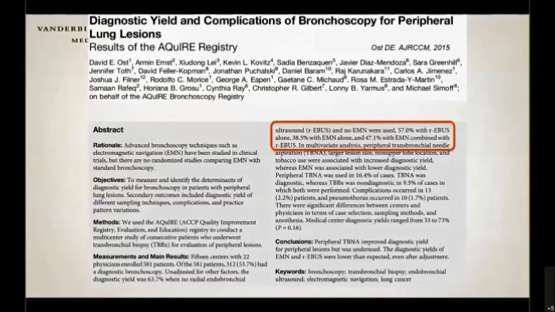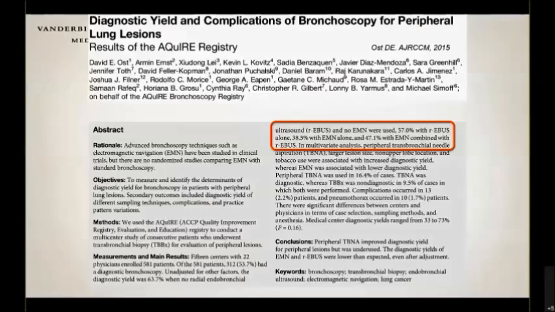If you define a diagnostic yield by, you biopsy, you find cancer there, or you biopsy and you don't find cancer, but you get negative follow-up, that's very different than the diagnostic yield which is, do you actually have material on the biopsy that could explain the presence of a nodule there? So you have to be very careful when you compare studies that you're not comparing apples to oranges, and be careful about how the diagnostic yield is defined.